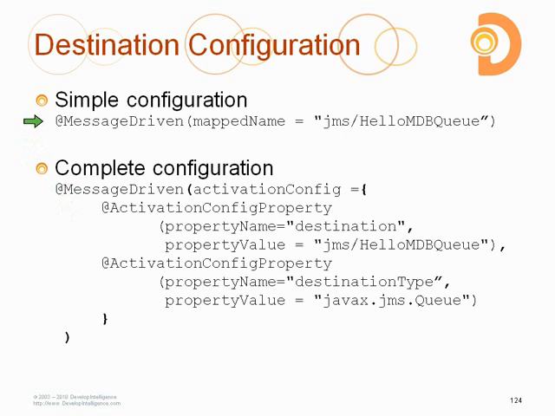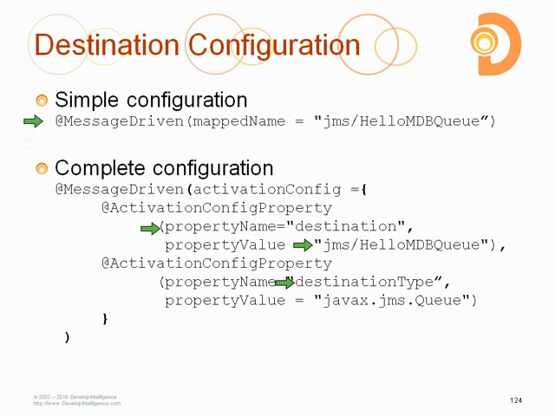The other way, which is a little bit more complete, is that I can specify the JMS properties instead of just the JNDI values. And the JMS properties are always defined in terms of two things, the destination and the destination type. And so here's an example where I've got the physical destination, which is, again, my JNDI value, and then I specify the type of the destination, which is the queue.